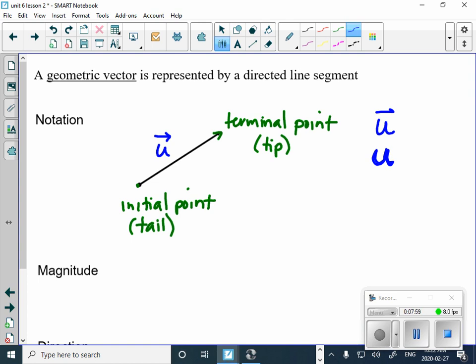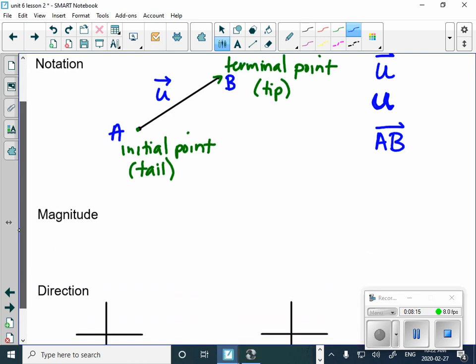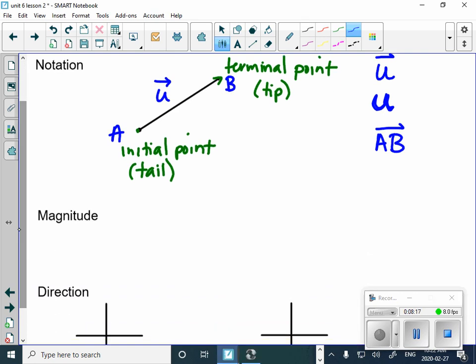Often we see capital letters, so starting point A, ending point B, that would be vector AB, and we would use capital letters with that arrowhead over top. The length matters for a vector. Magnitude would be indicated with absolute value bars because that is a distance of vector u. That would be its magnitude.